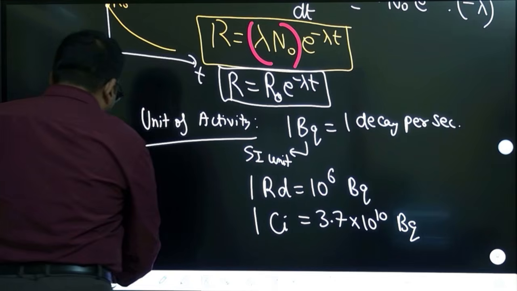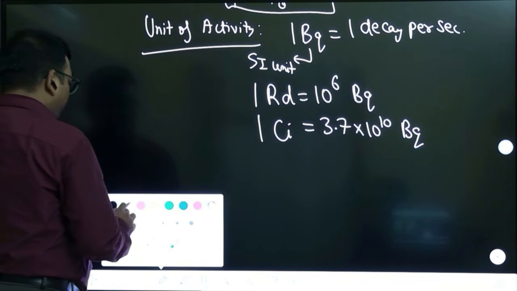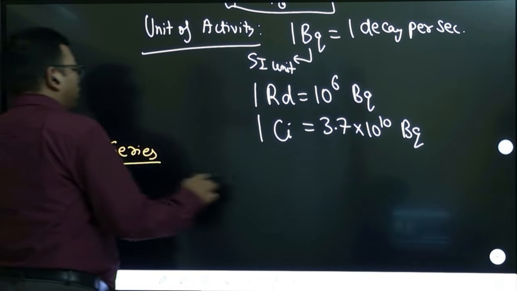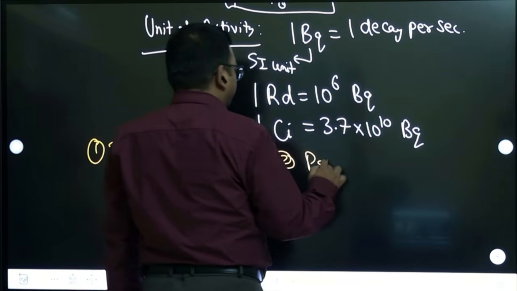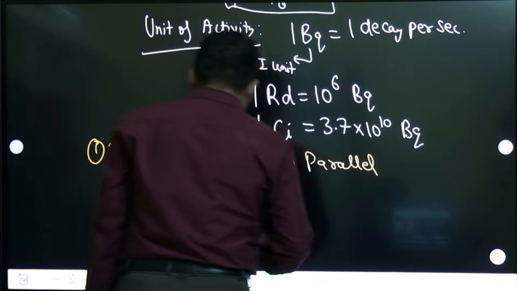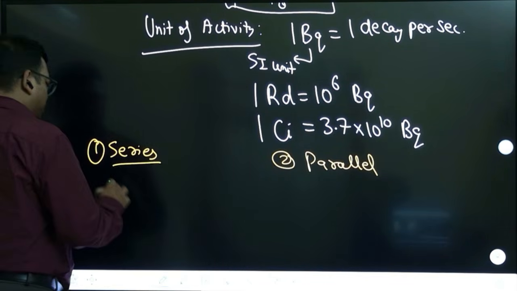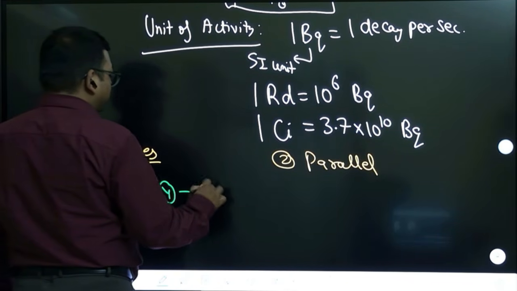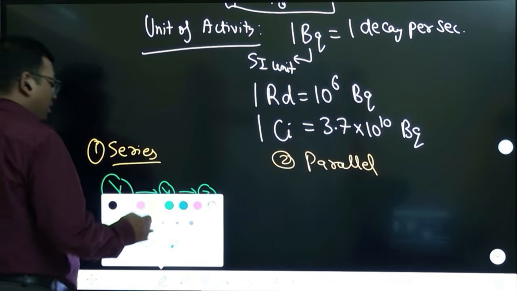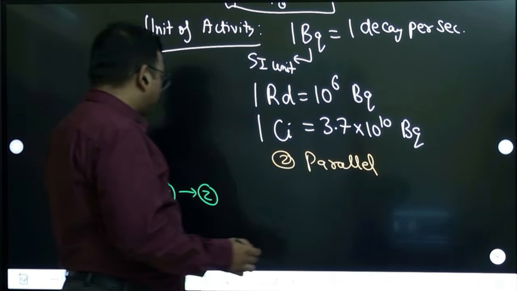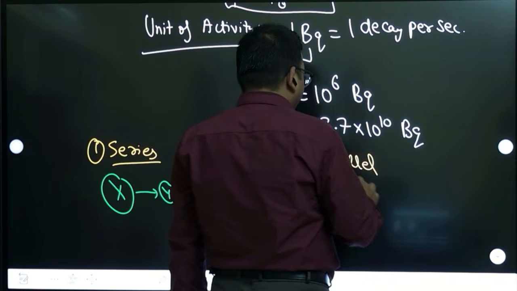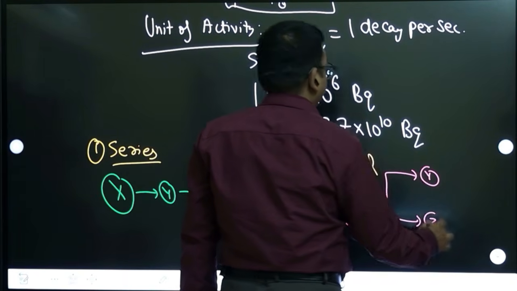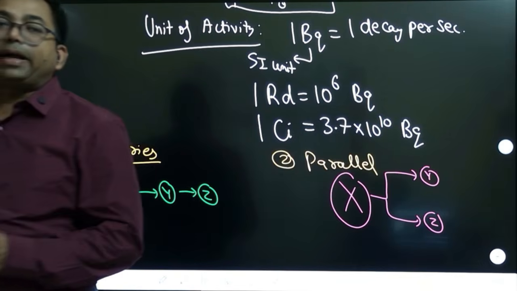And there are two types of radioactive decay that can happen. One is called series, another is called parallel. What happens in series is that suppose X decays into Y, Y will decay into Z, Z may decay further like this. And in case of parallel, X will decay parallelly into Y and Z. So these kinds of patterns happen.